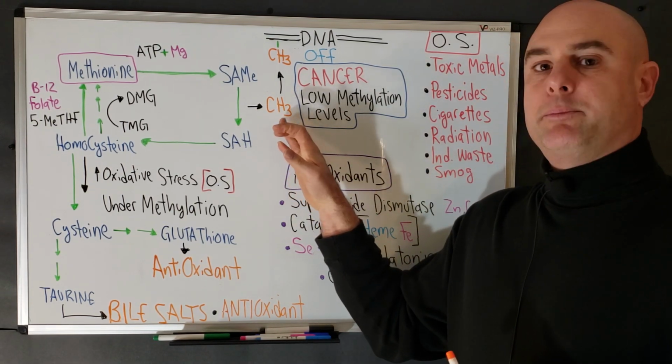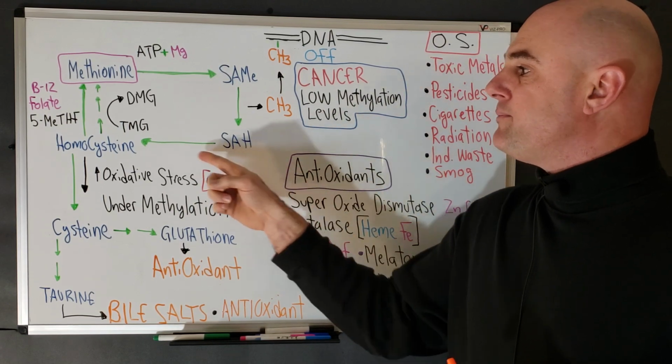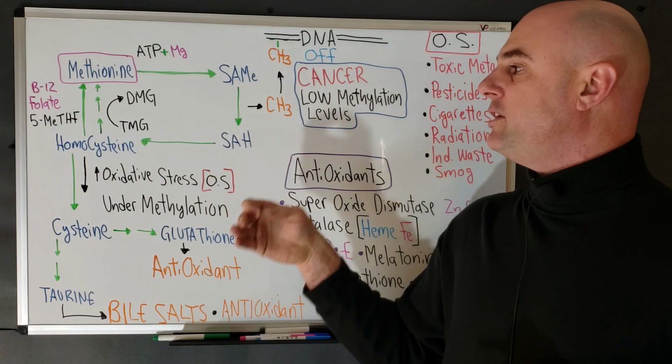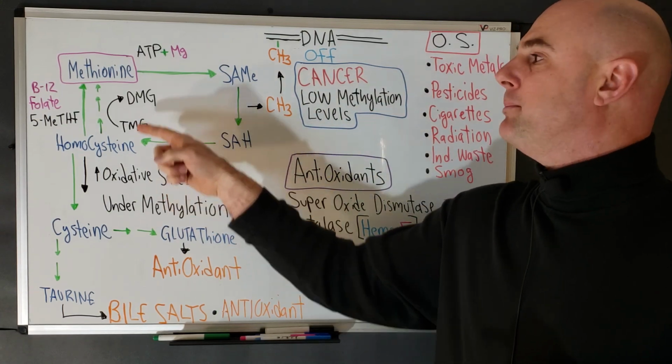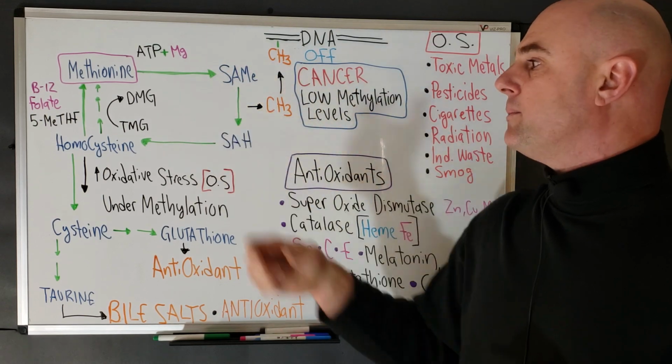Now, when it produces a methyl group, it's converted to SAH, and from there, SAH can be converted back to homocysteine, where it can then be back converted to methionine. So this is called the SAM cycle.